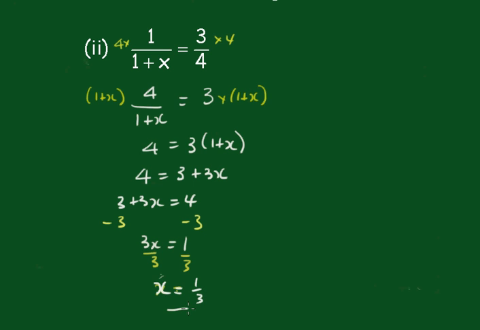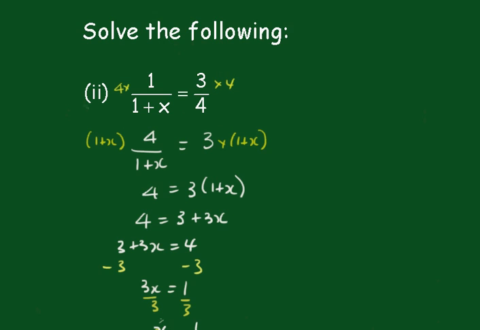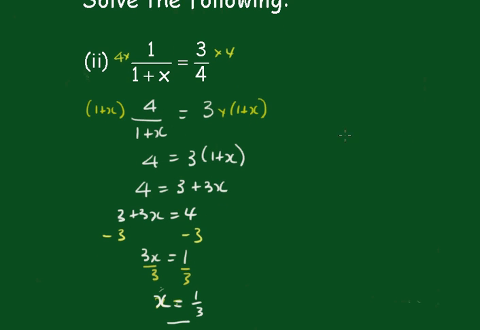That's my answer. Now, the other way of doing it is using an old term called invertendo. In this case, we can invert these, and we can write that as (1 plus x) on 1 equals 4 on 3. Which is really x plus 1 equals 4/3.